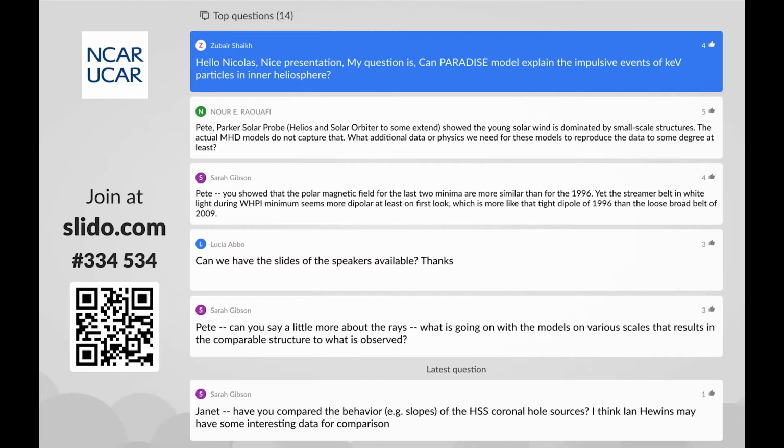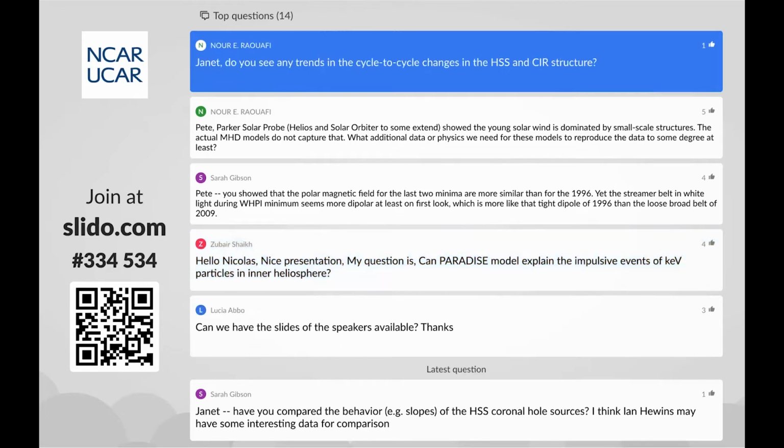Okay, thank you for your questions. Let me try and answer them. So the first question, if I understood correctly, was relating to the impulsive electron events, if the model can explain those. We can try to simulate them, of course, but one of the drawbacks of our current model is that the EUHFORIA model, the solar wind model, has its inner boundary located at 21.5 solar radii.